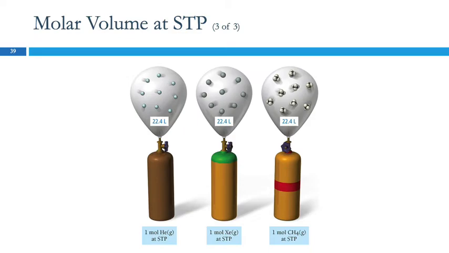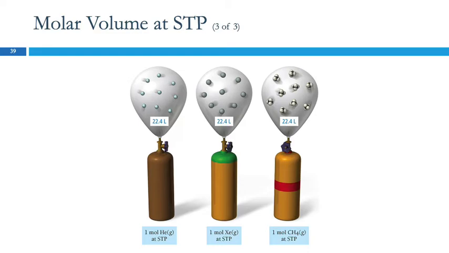There's illustrations of 3 different balloons. They have the same volume, 22.4 liters. This is at STP. So this contains 1 mole of helium, 1 mole of xenon, and 1 mole of methane. Same volume, same number of particles. But what about the mass of the balloons? This is going to be different.